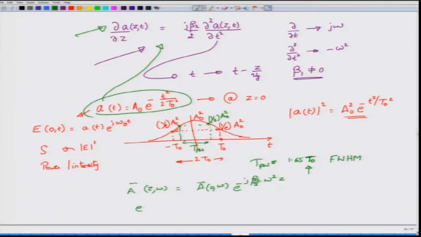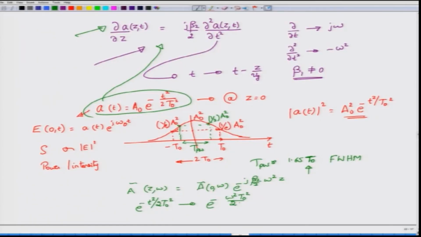So, roughly e power minus t square by 2 T 0 square. Please note that I am not transforming the power, I am only transforming the amplitude. So, this one will have a Fourier transform like e to the power minus omega square, and because you had T 0 square in the denominator, this would be T 0 square, and there will be some additional factor out there, I think it would be by 2.